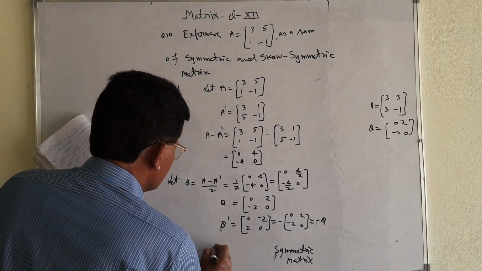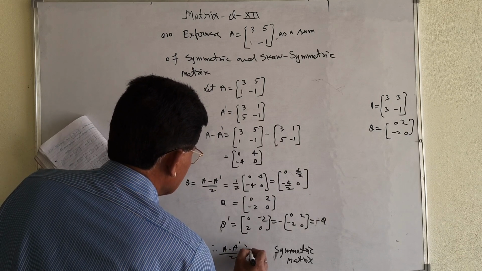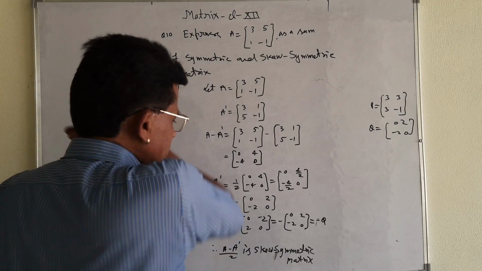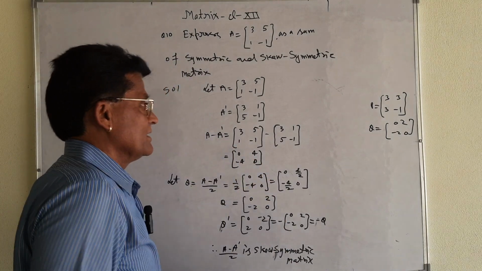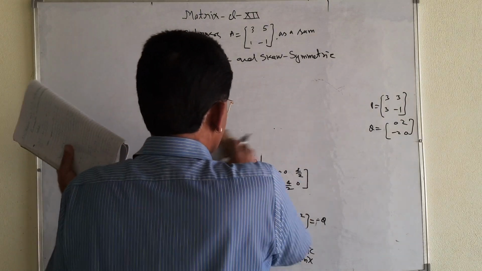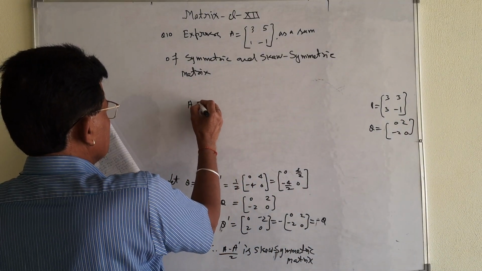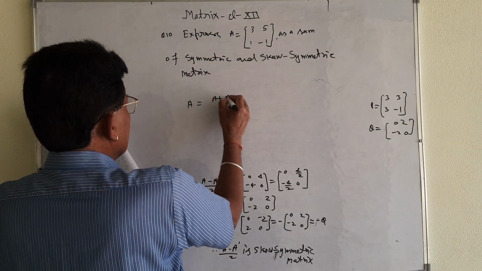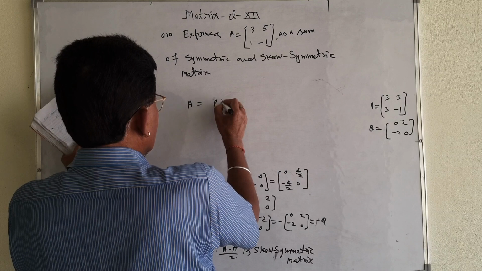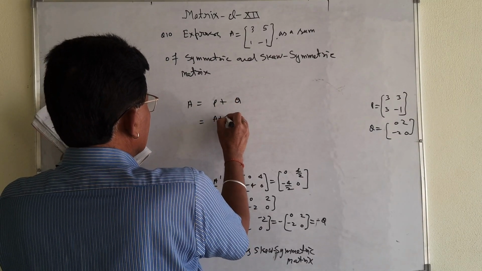So therefore, A minus A transpose by 2 is a skew-symmetric matrix. As a result, matrix A will be equal to P plus Q, and P is A plus A transpose by 2.